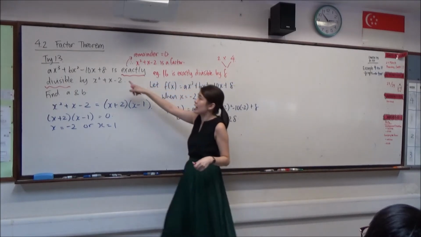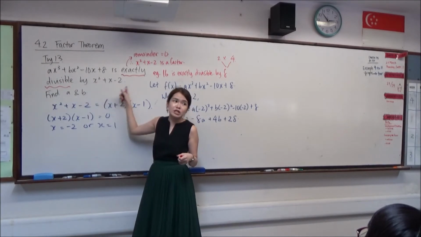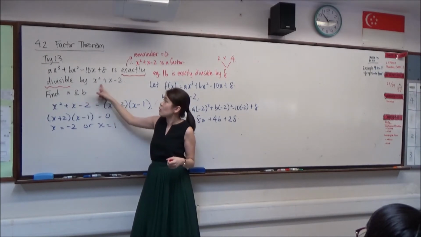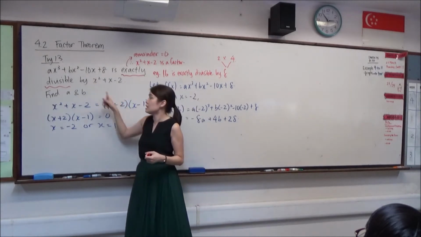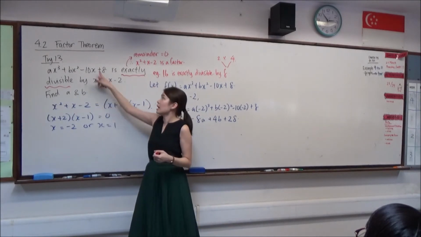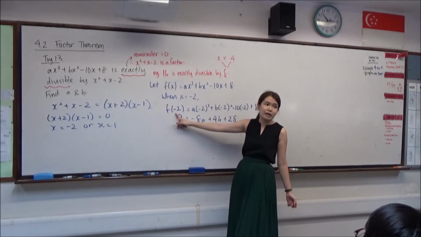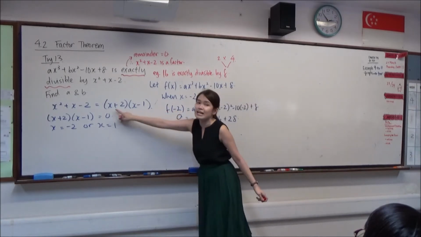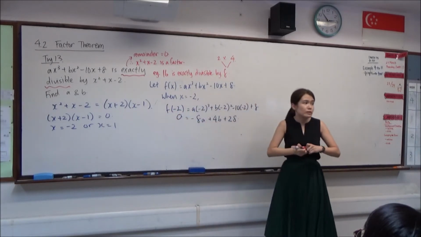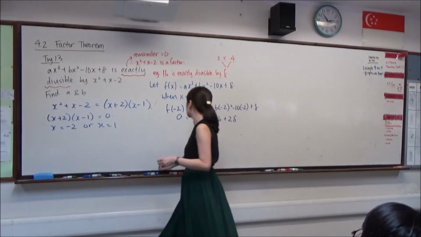So therefore, when I have this polynomial over here and I divide by this quadratic expression, and if this quadratic expression can be broken up into two factors, it will surely be divisible by this one and also divisible by this one. So that's why putting in negative 2 will suggest that the polynomial is divisible by x plus 2, where x plus 2 is a factor. So I can put in the remainder to be 0 over here.